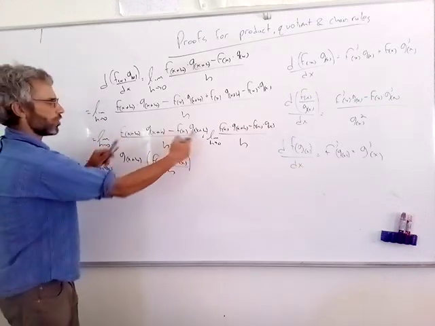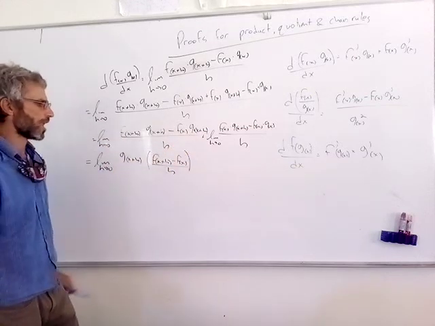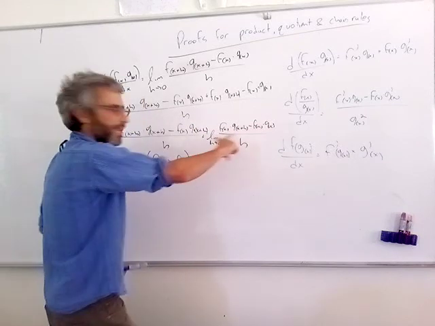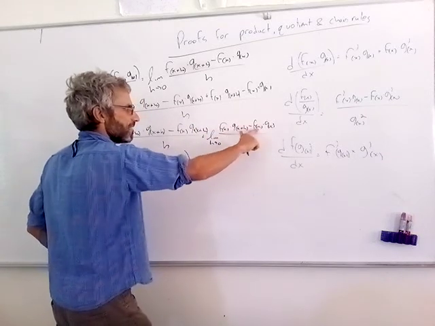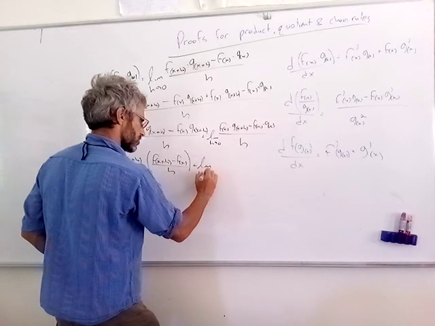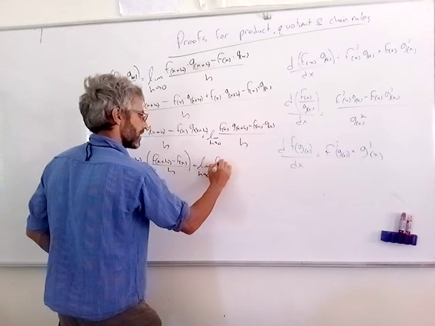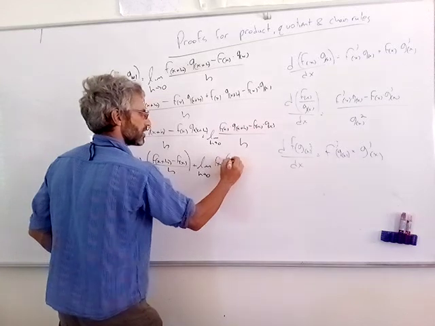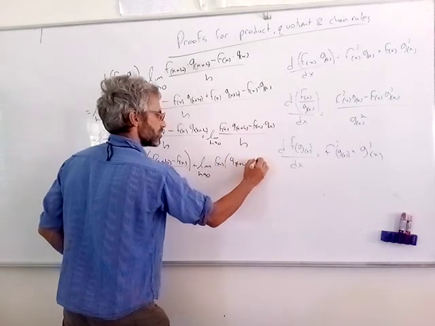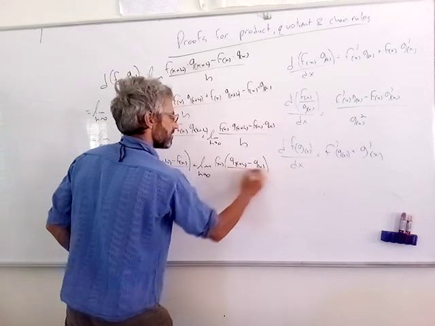So I just took the g(x+h) out. And I'll do the same thing here. What kind of common factor can I take here? You can see the f(x). So I'll write plus the limit, h approaches 0, f(x), open brackets, g(x+h) minus g(x), divided by h.